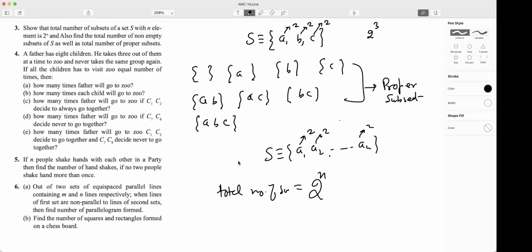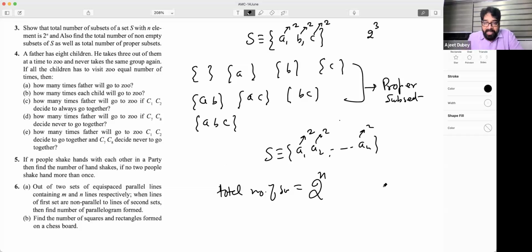If I have one container which contains 3 objects and I want to fill this container, in how many different ways can I fill it? Empty container is also allowed. So what will you say?